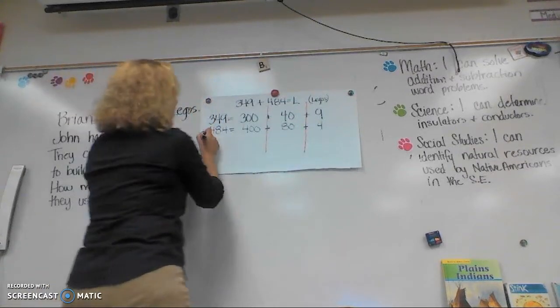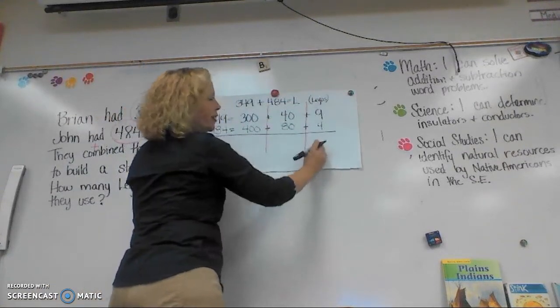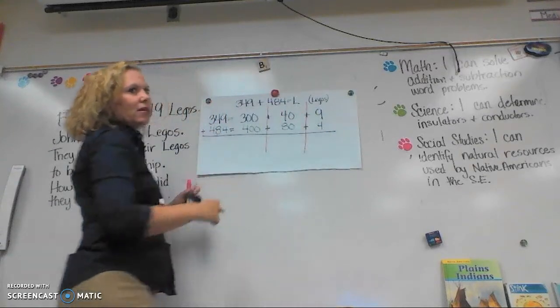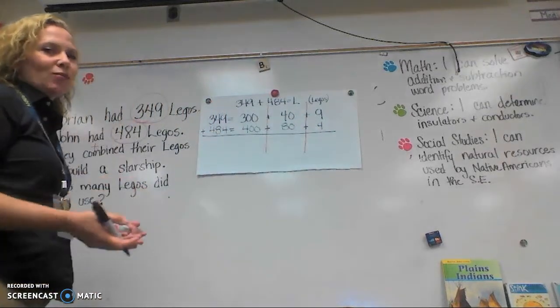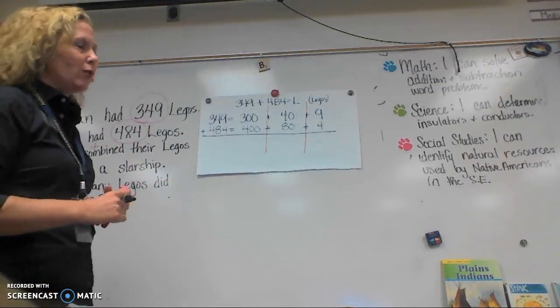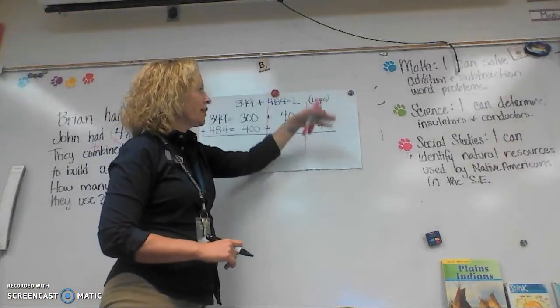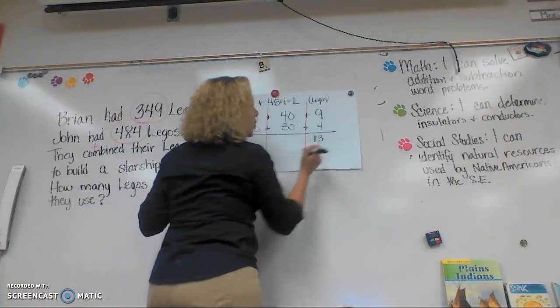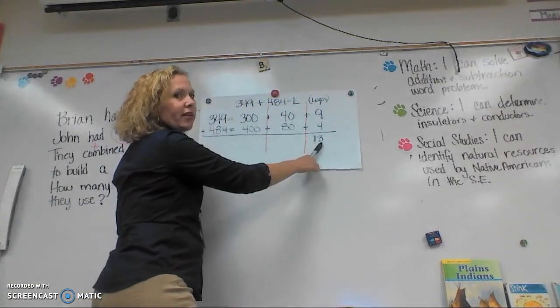Okay, now we can add our ones place. Remember, we always want to start with our ones place because when we're subtracting, a lot of times if we don't, we sometimes make a mistake with regrouping. So we're going to start in our ones place. 9 and 4 is 13. Oh, can't have 13 in the ones place, right?